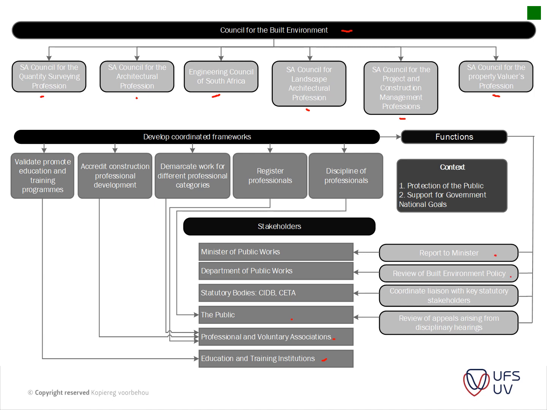It is reviewed by the built environment and coordination liaison with key statutory bodies, like for instance the Competition Commission, etc., and then review of appeals arising from disciplinary hearings. There's a couple of people that do practice without the necessary registration, and many of them are prosecuted and or stripped of the professional registration if they did anything illegal.